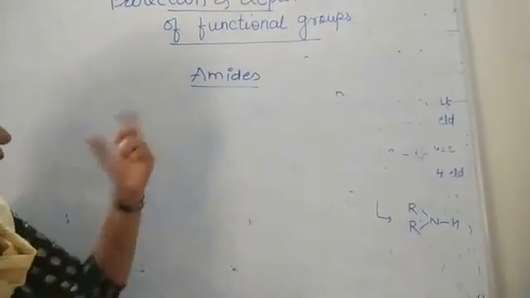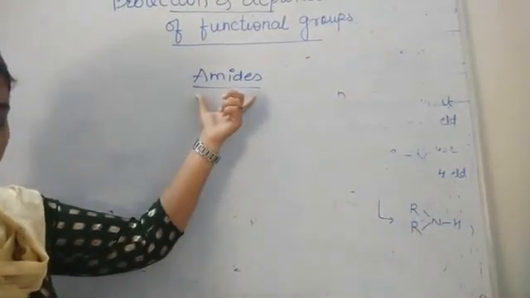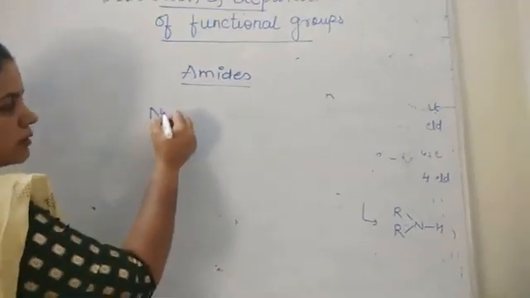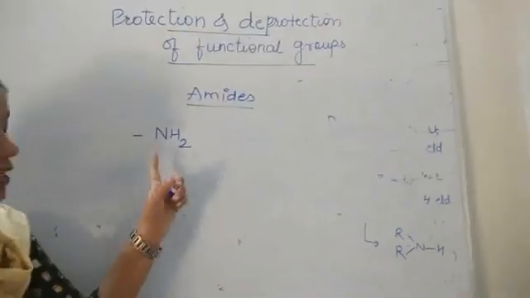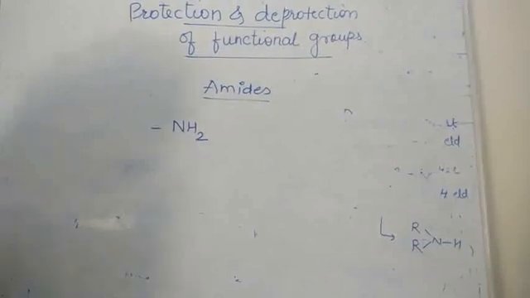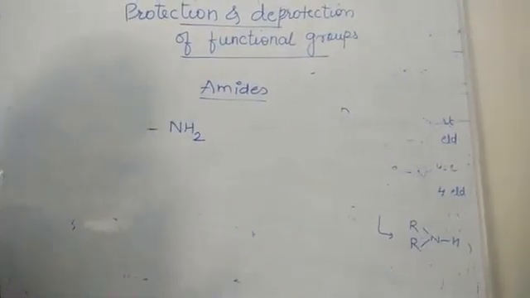Now why is there a need to convert them into amides? Because in the amide, the basicity of nitrogen is reduced, making it less susceptible to attack by electrophilic reagents.